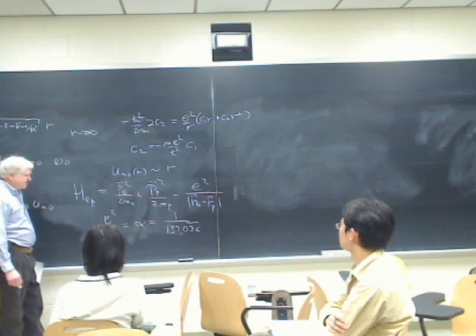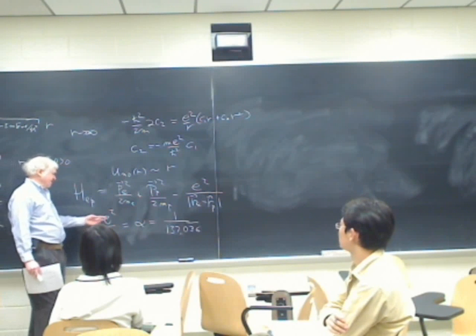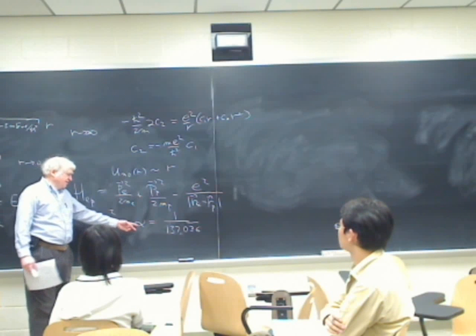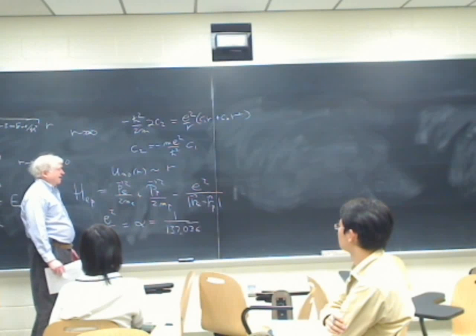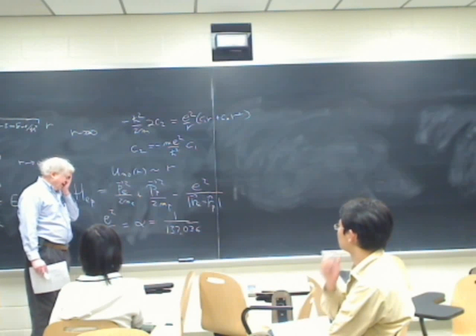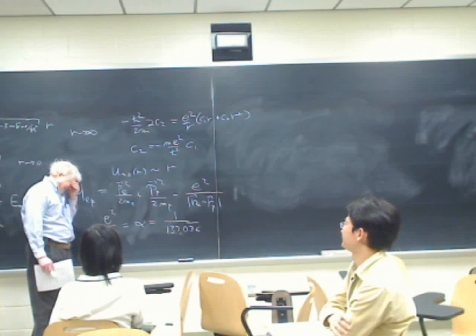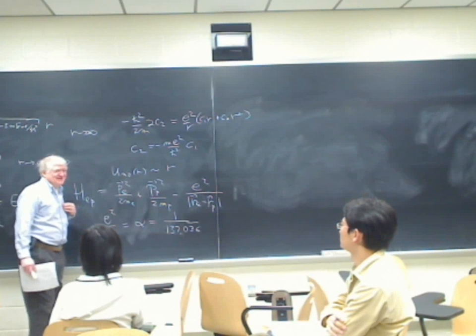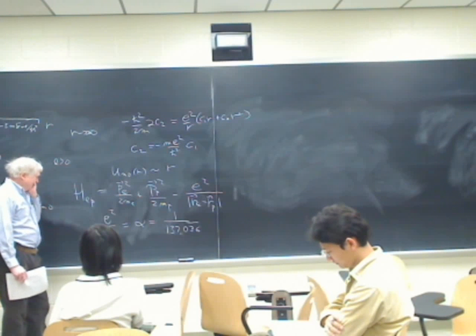There are at least 3 systems of units in current use. One of them has e squared over 4 pi h bar c equal to 1 over 137. One of them is this one, and the other one is the worst case. It's the one that has epsilon 0 and so forth.